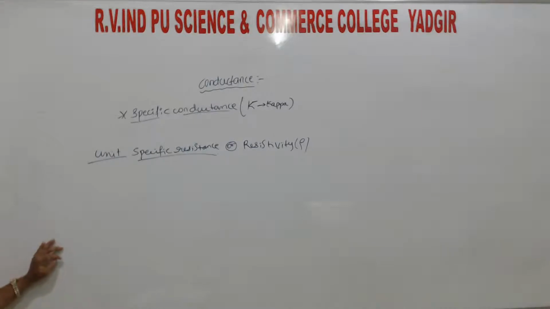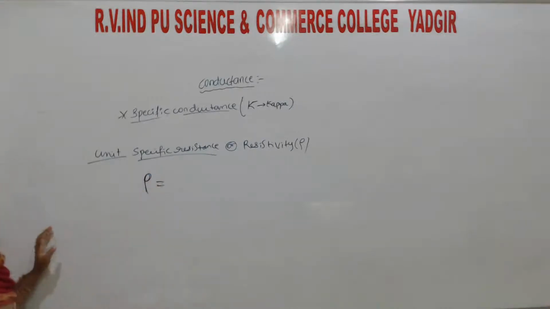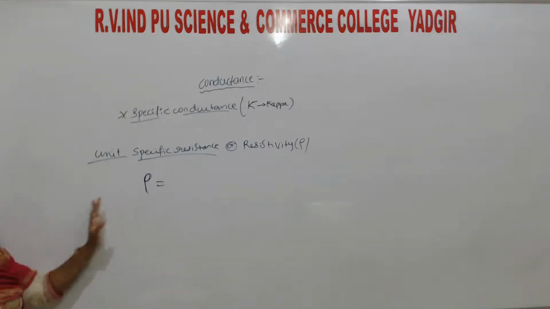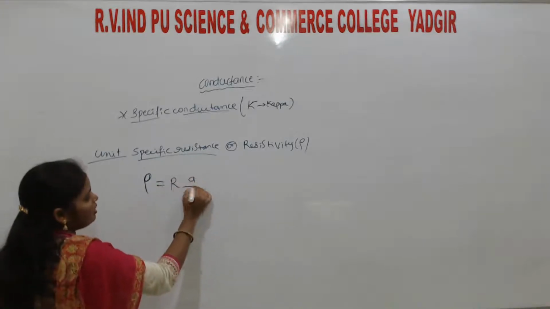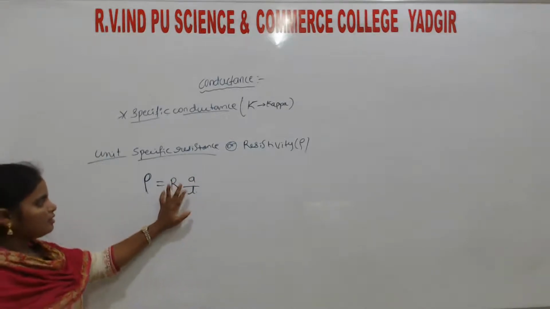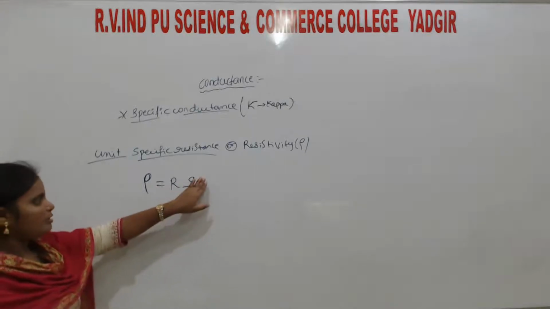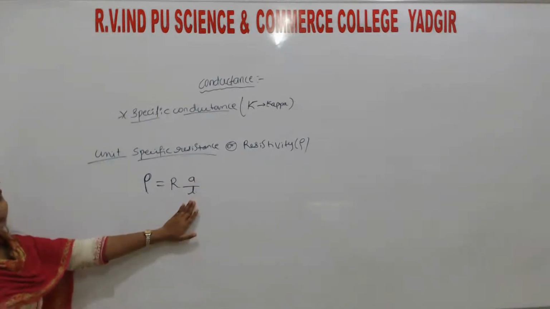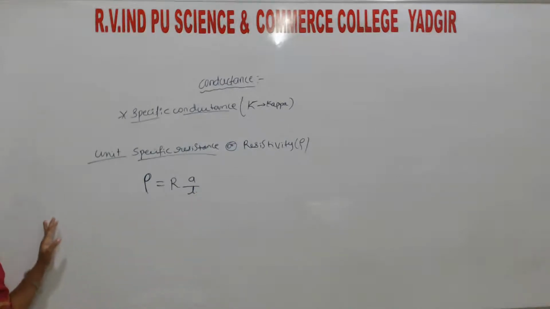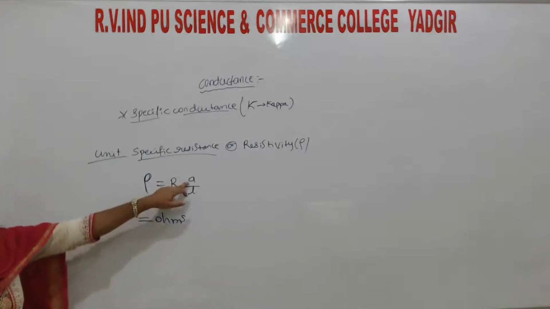The specific resistance rho is equal to R into A by L. A means the area of cross section, L means length, and R is the resistance, in ohms.